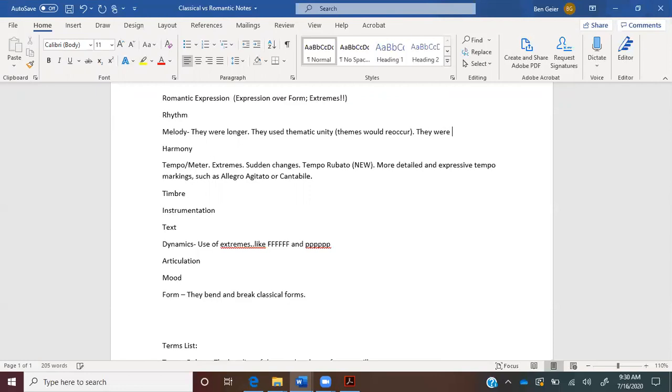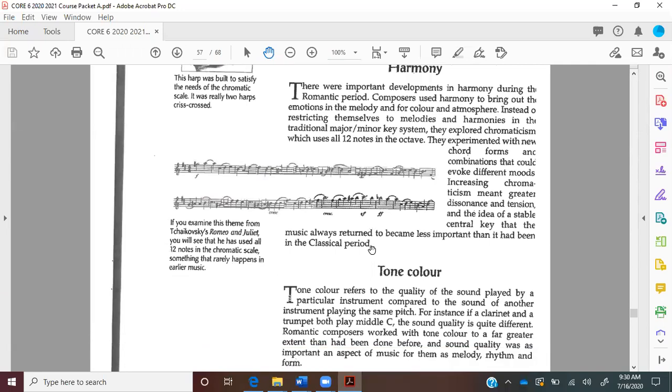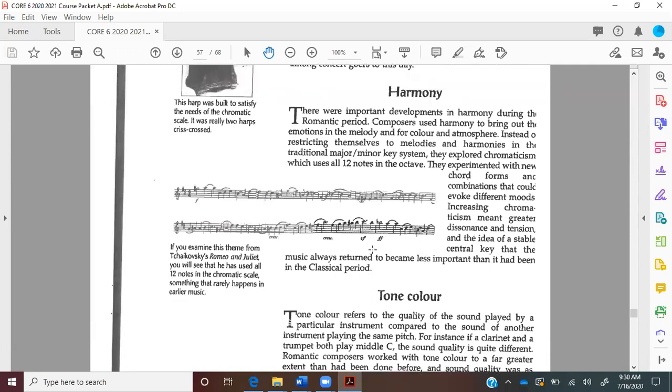They were extremely singable. We also call that lyrical. Memorable and beloved even today. Again, I'm putting these things in my words. You feel free to put them in your words.